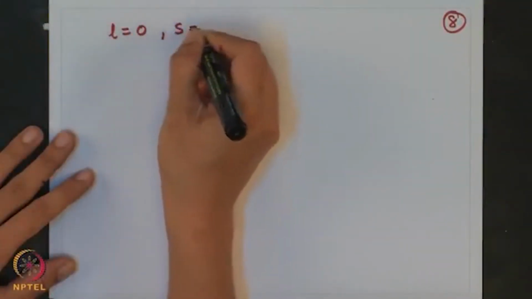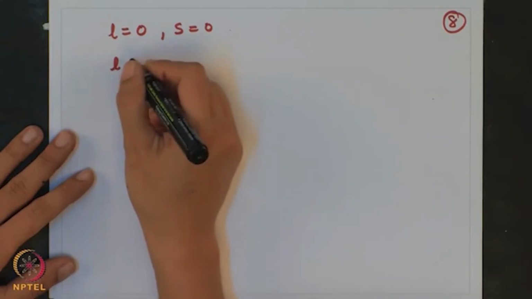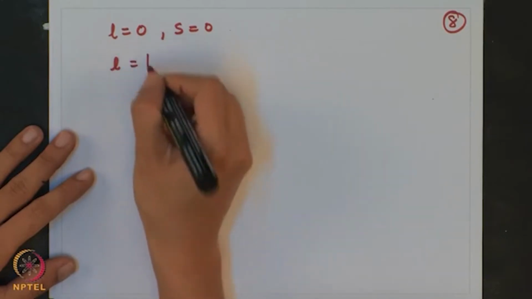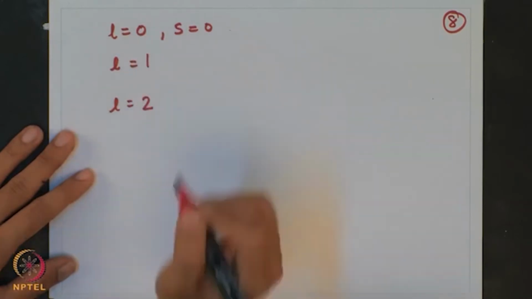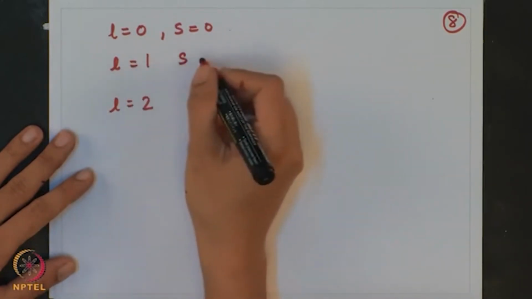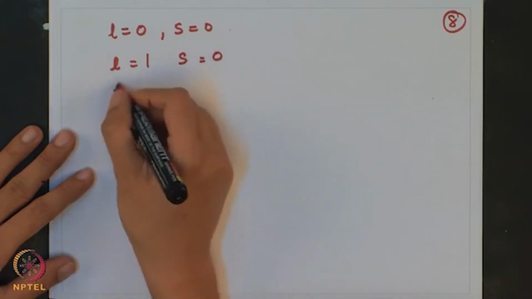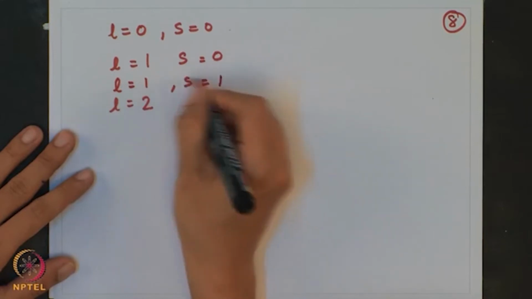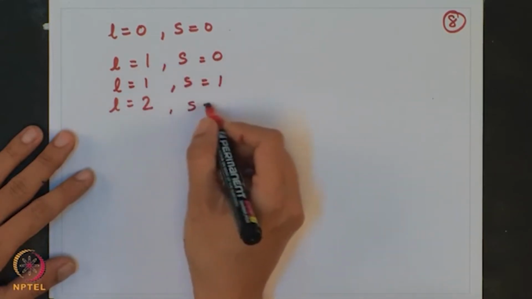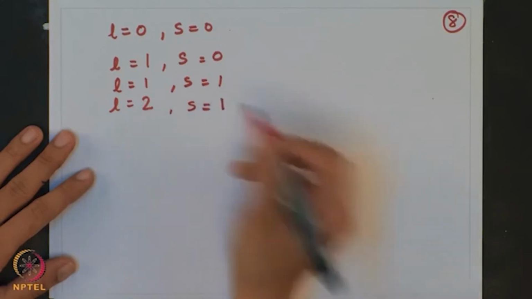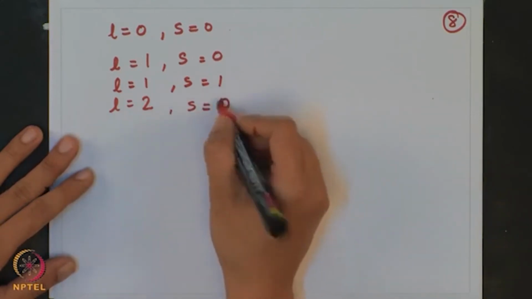So, I will have combinations like L is equal to 0, S is equal to 0, L is equal to 1, L is equal to 2 with S is equal to 0 state, then L is equal to 1, S is equal to 1 state, L is equal to 2, S is equal to 1 state.